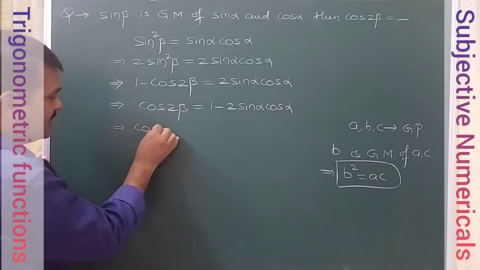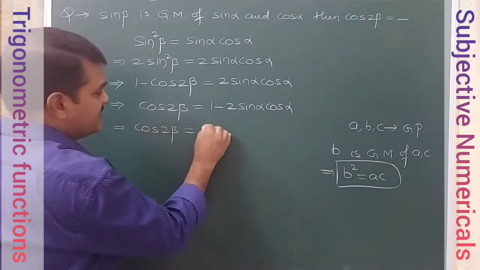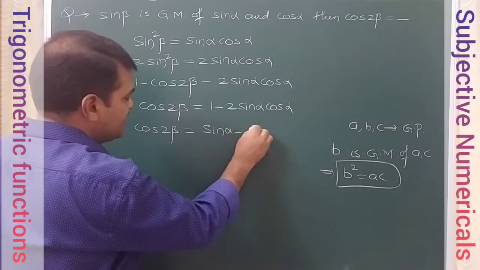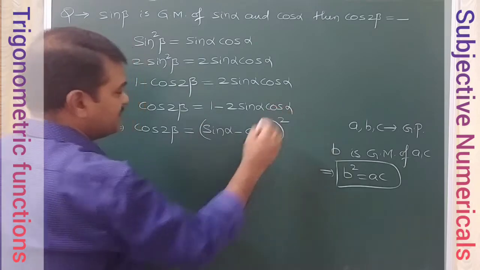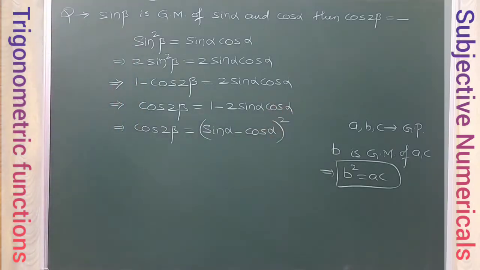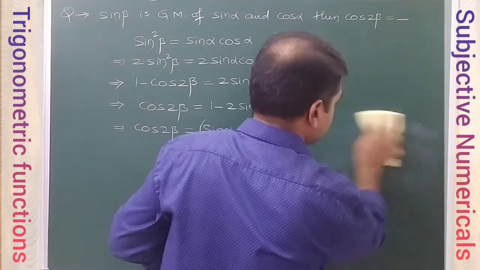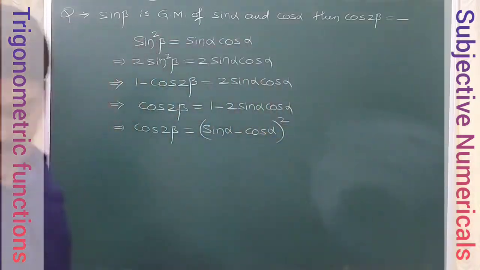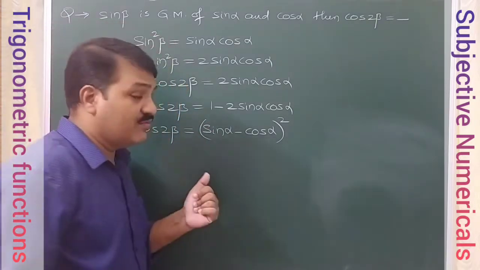Now, can we write this as sin alpha minus cos alpha whole square? Can we write like this? Just observe. So can we write like this? Definitely. Why?